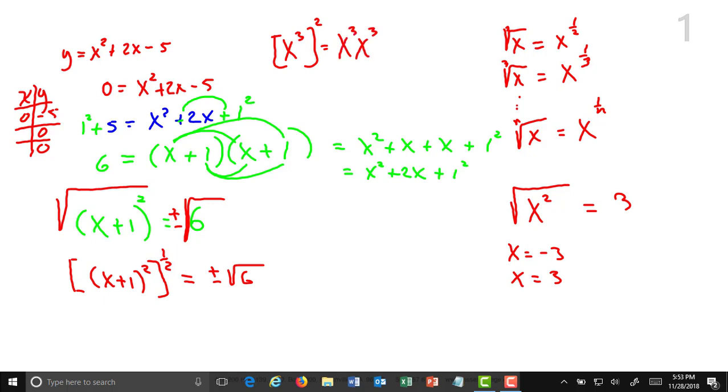But you can see that that's going to be 3 copies and 3 copies for a total of 6 copies, true? The shortcut is just 2 times 3. So I'm asking you, what is a half times 2? 1. Guess what? We got rid of it. So now we just have x plus 1 equals plus and minus the square root of 6.